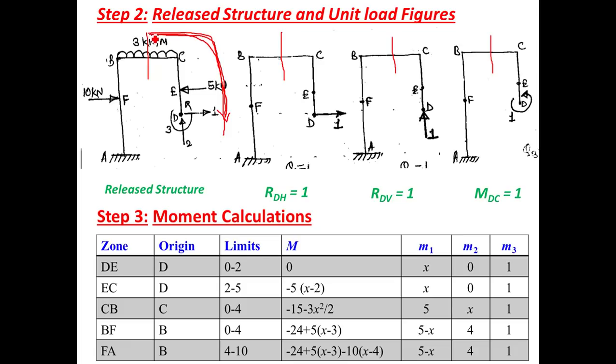Please understand, right portion of this section means don't look at up to C only. We have to look at the moment forces acting on right column also. So complete right portion we have to check. Now when we take a section at a distance of x from C in the third zone, this is distance x.